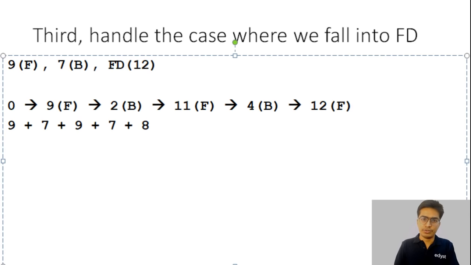So according to our pseudocode, what is it that we should have been watching out for? We should have been watching out for fd minus f, because this is the distance to which I have to get to, so that my next step in the forward direction is going to put me down into a ditch. So fd minus f here is 3.